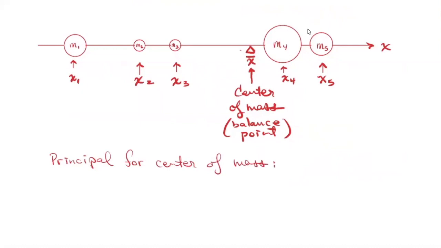is that what are called moments on the left have to balance the moments on the right. And a moment is not mass, but it's going to be mass times distance.